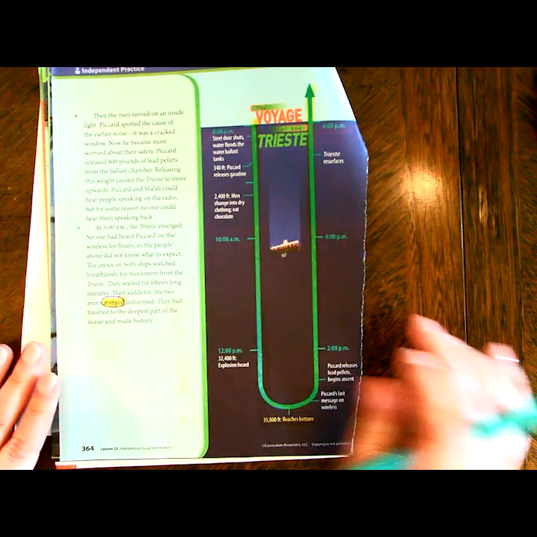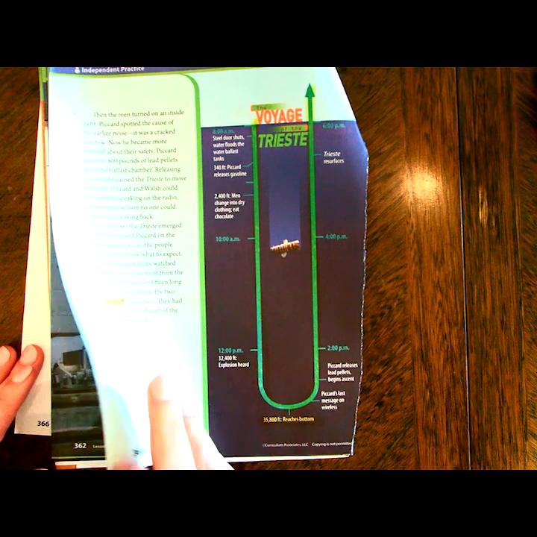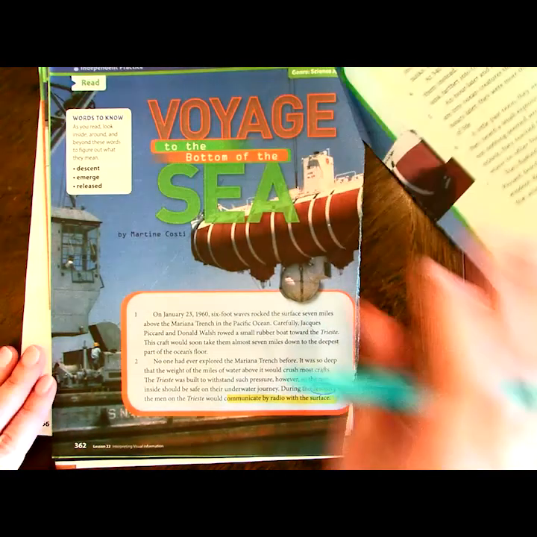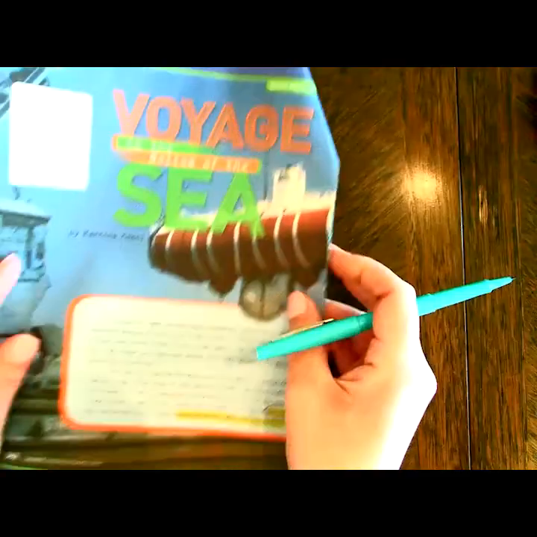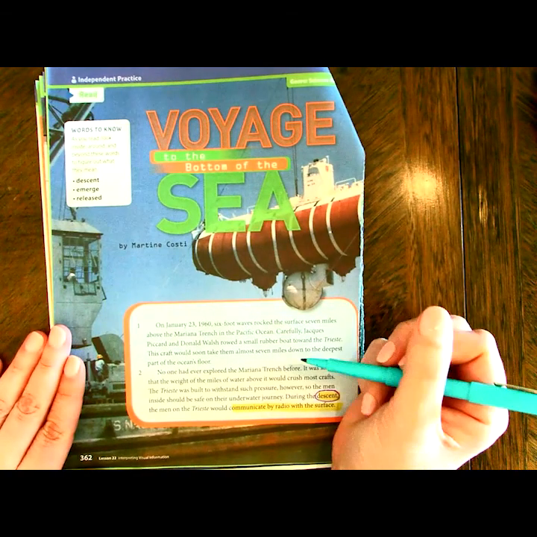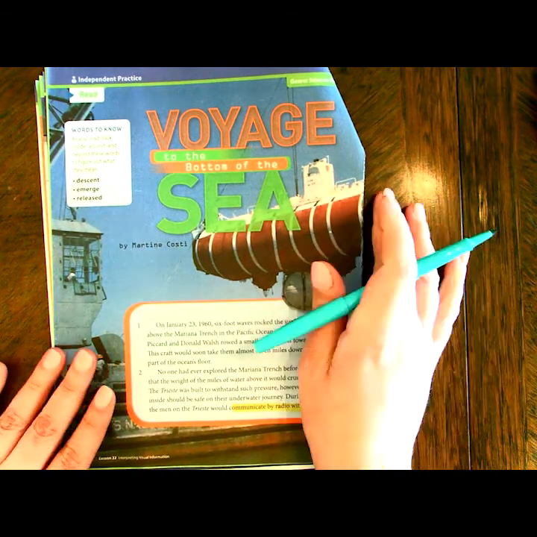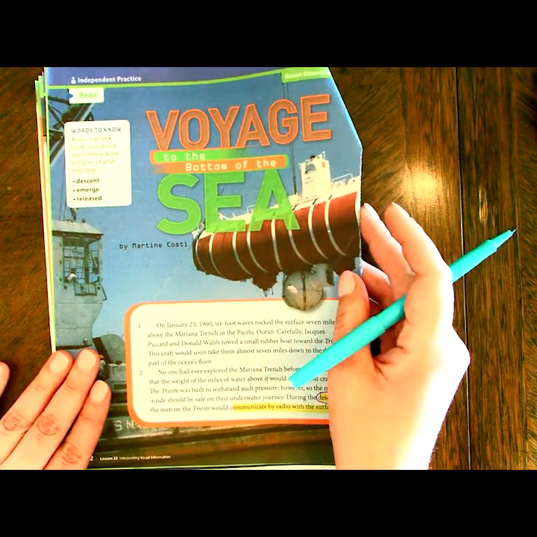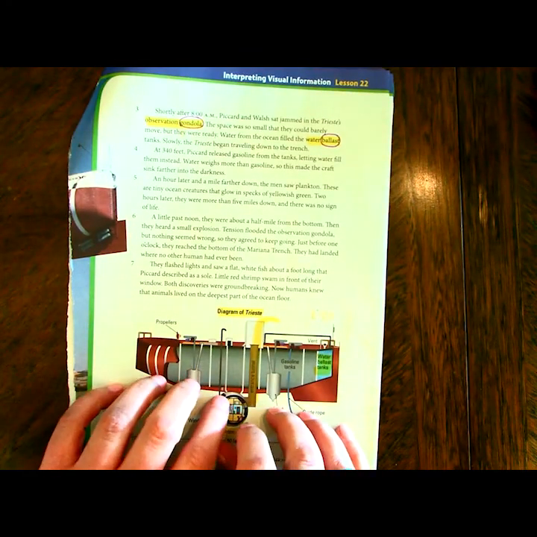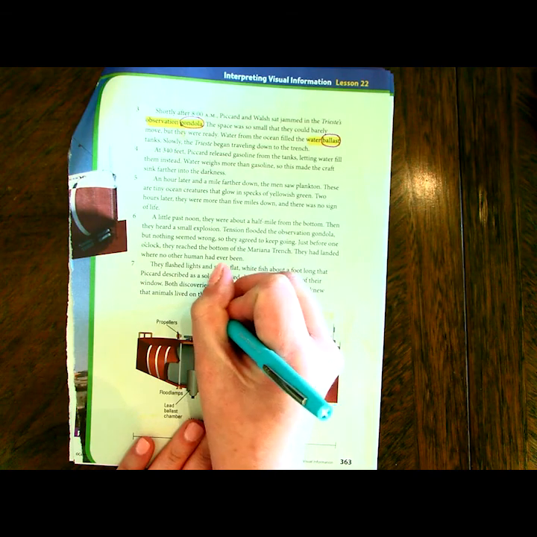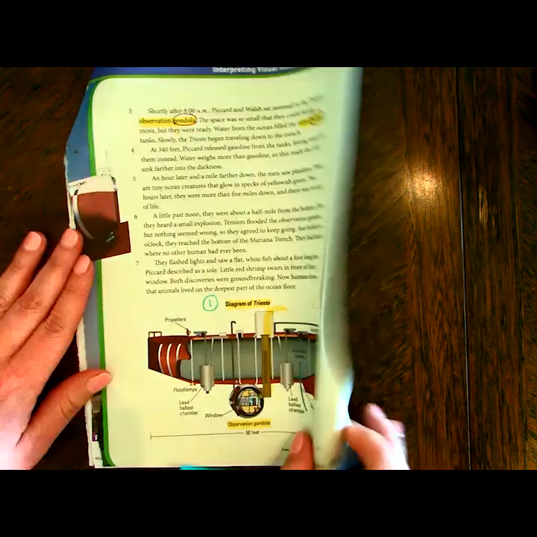So today, guys, you're going to read all about this journey to the bottom of the ocean in this text, right? And after you learn about their journey, you are going to really think about the information that you learned from the text and what was provided in this diagram here, number 1, and then what's provided in this second diagram, number 2.